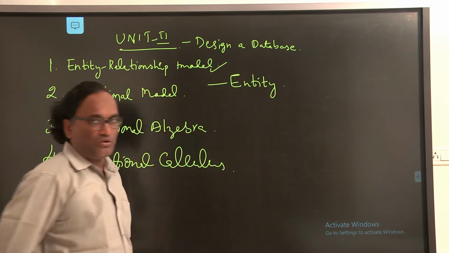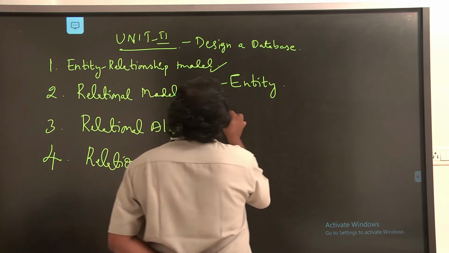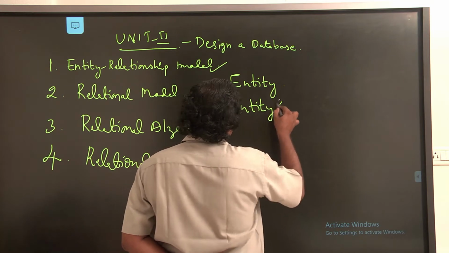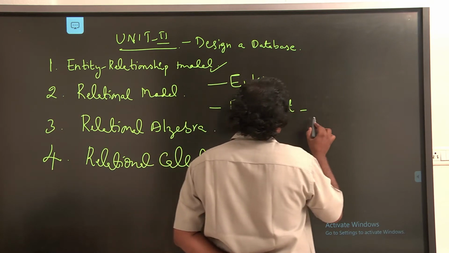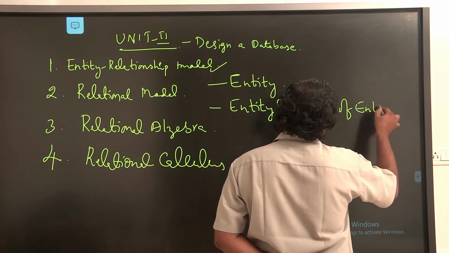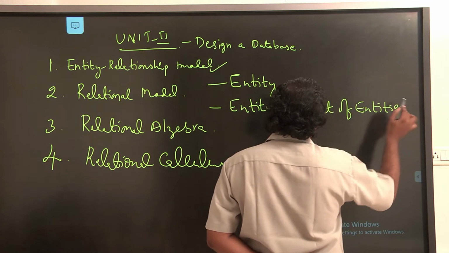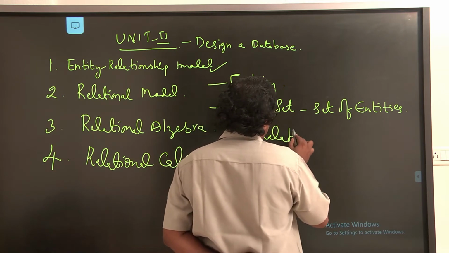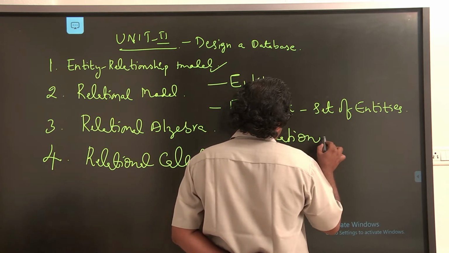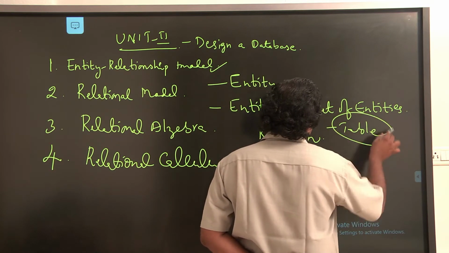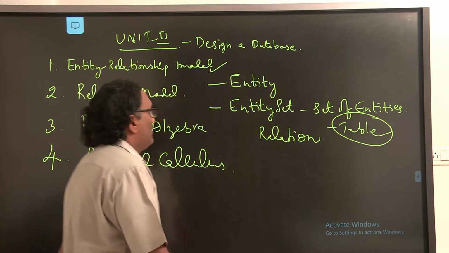Entity is nothing but a row, and we also discussed the entity set, which is a set of entities. We can also call it a relation; the general meaning of this is a table.